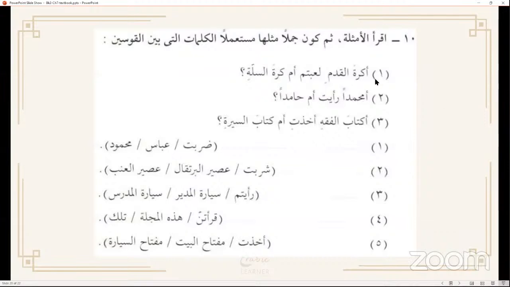So here the words are given and you have to make the combination, you have to make the sentences. For example, كرة القدم لعبتم أم كرة السلة. Okay, again it's a combination of hamzatul istifham and am.